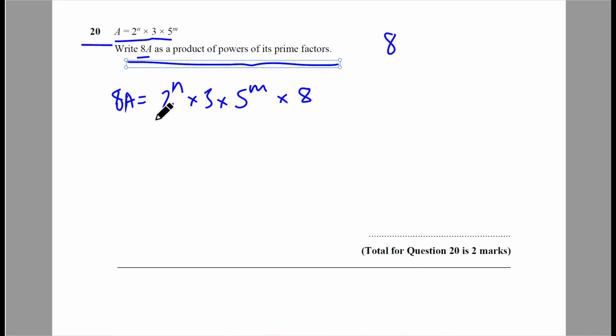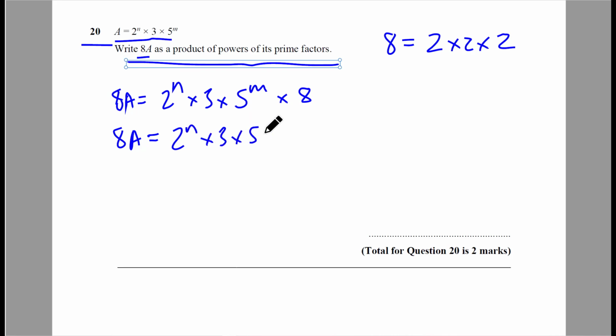Because we want to write it as a product of powers of its prime factors. So 8 as its prime factors is 2 times 2 times 2. So 8a equals 2^n times 3 times 5^n times 2 times 2 times 2.